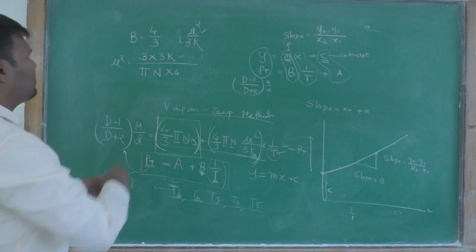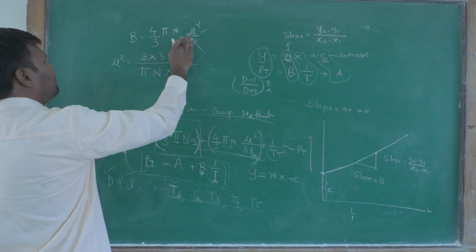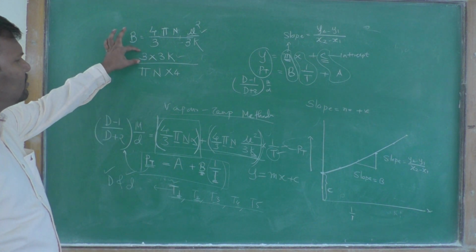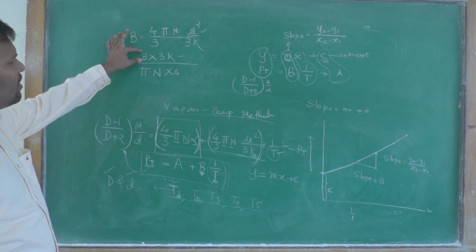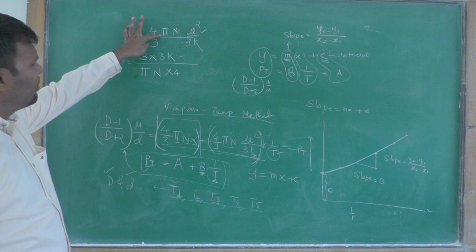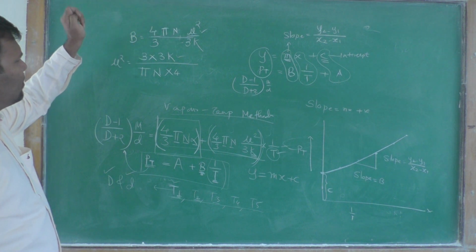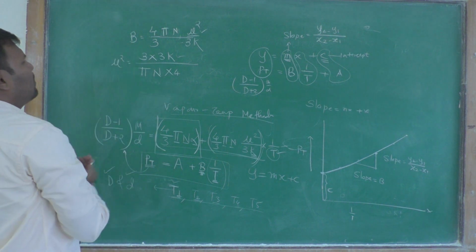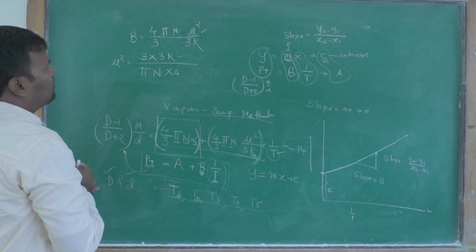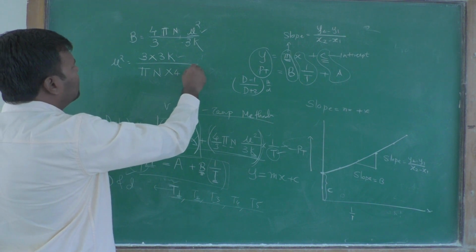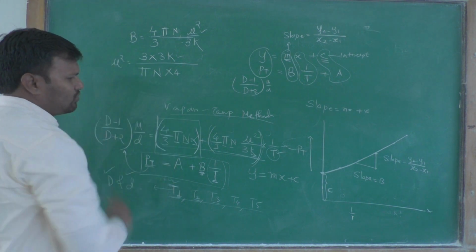Therefore 3 into 3k at the top side, and the denominator is 4 pi n, and that b is equal to slope.